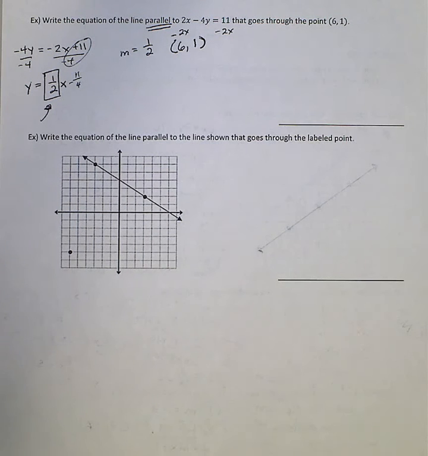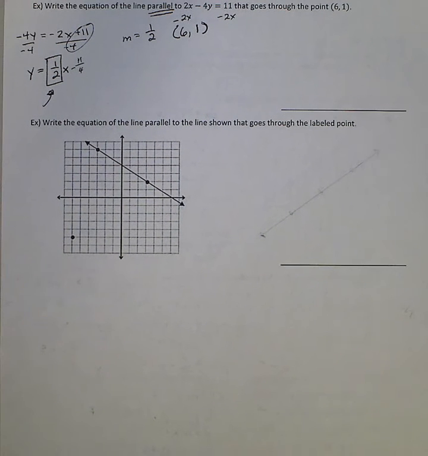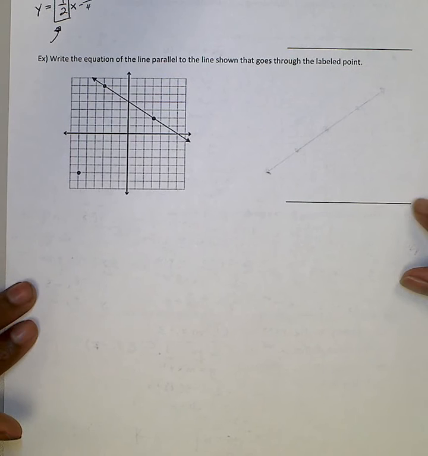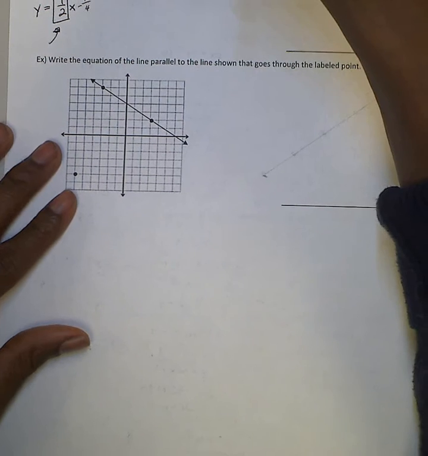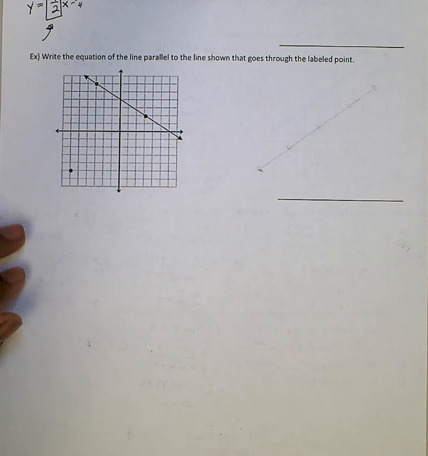Another way that we can do these types of problems is given a graph. We've done this before, and the steps remain the same. Find the slope of the original line, find the slope of your second line, find the y-intercept using a point.